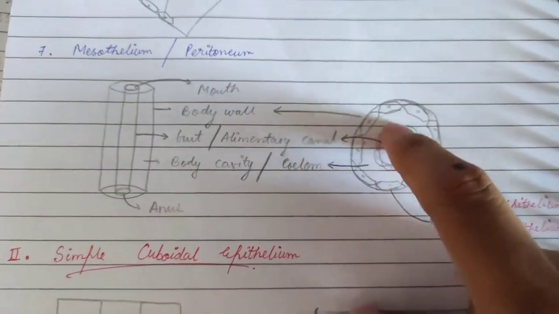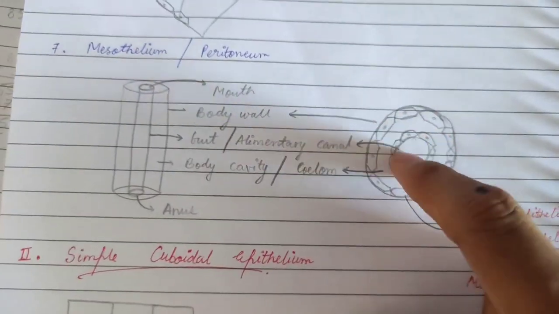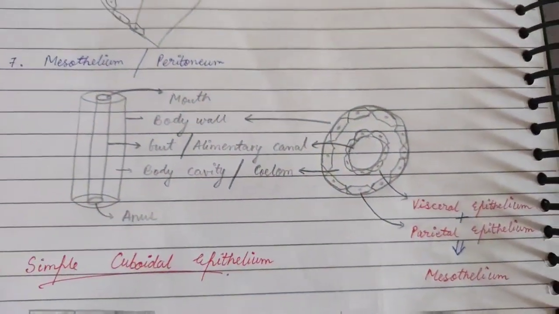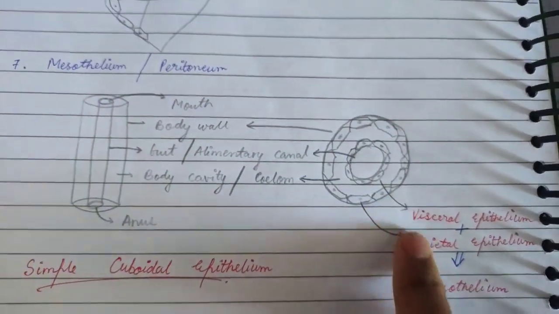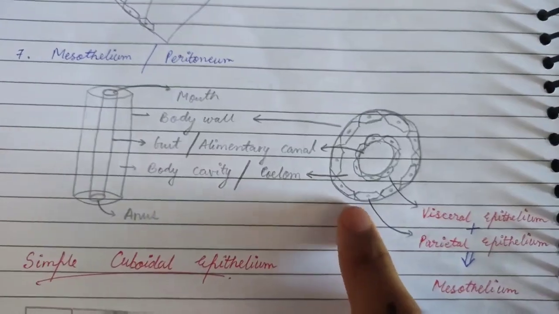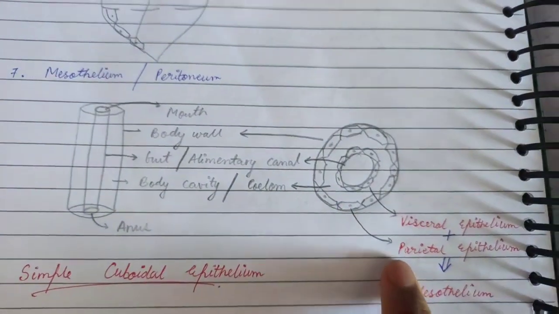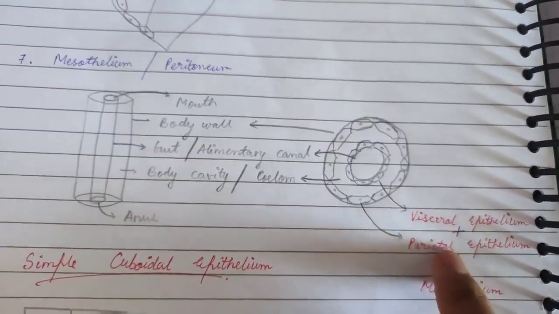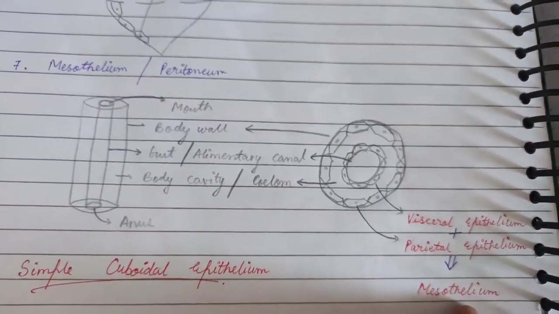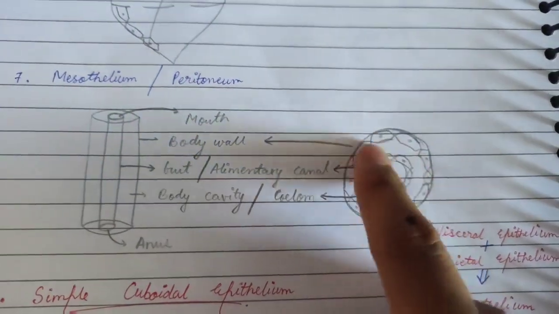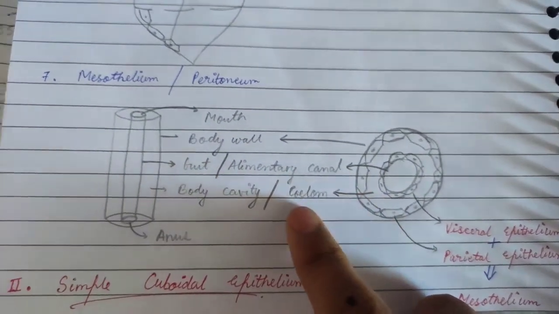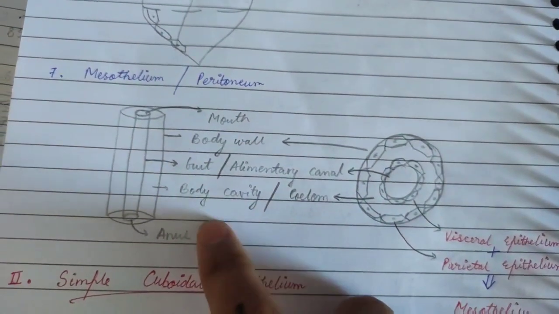Here and here, both of these areas are simple squamous epithelium. This inner layer is formed by the visceral epithelium and this outer one by the parietal epithelium. Both together are known as mesothelium. This empty space is filled with coelomic fluid and is also called the body cavity.